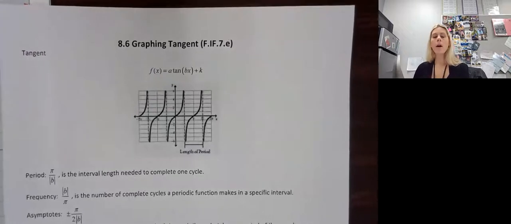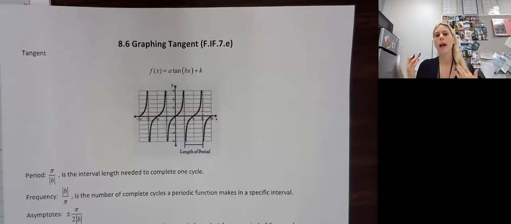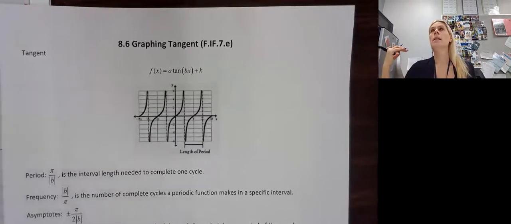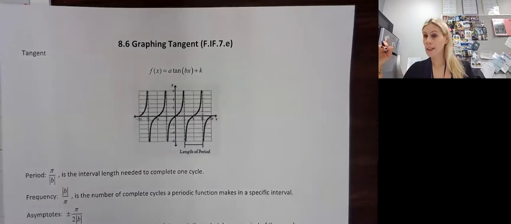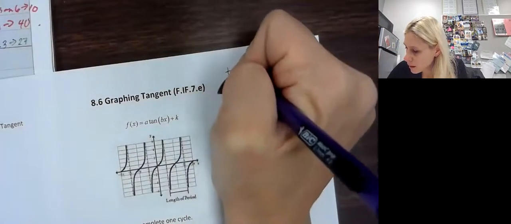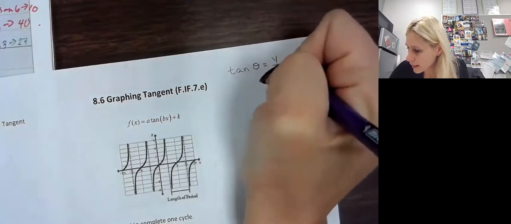Okay. Now, what's great about graphing tangent is that if you think of your unit circle, you realize that you start repeating itself every pi, right? At 0, it's 0. At pi over 2, it's undefined. Remember the y over x. Remember, we learned from 8.3 that tangent of theta equals y over x.